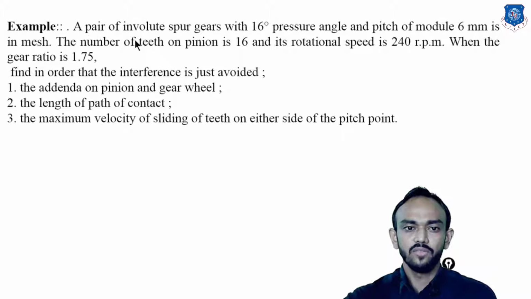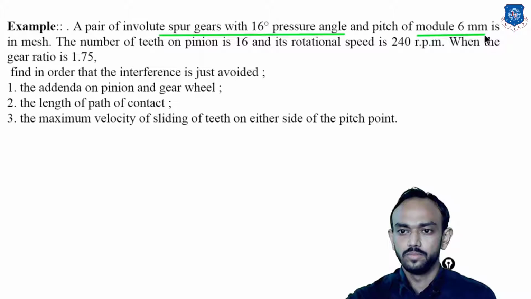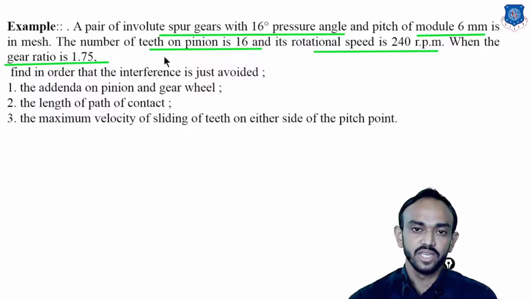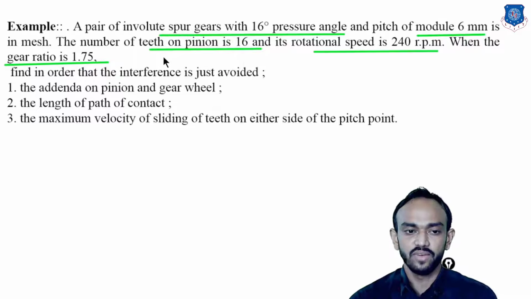A pair of involute gears with a 16° pressure angle, module 6 mm, are in mesh. The number of teeth on the pinion is 16, the rotational speed is 240 rpm, and the gear ratio is 1.75.